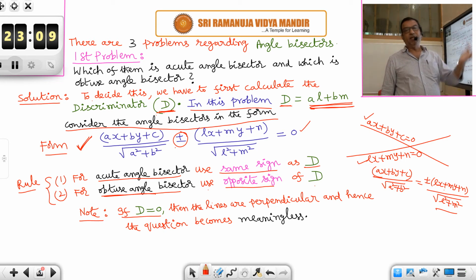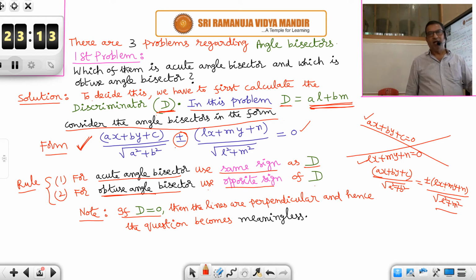Therefore, the question becomes meaningless. See, he has given two perpendicular lines and asking us to find out either the acute angle bisector or the obtuse angle bisector. Because the two lines are perpendicular, there is no acute angle, there is no obtuse angle between them. All are right angles only. Therefore, if anybody asks us to find the acute angle bisector or obtuse angle bisector, then the question is meaningless, is it not?